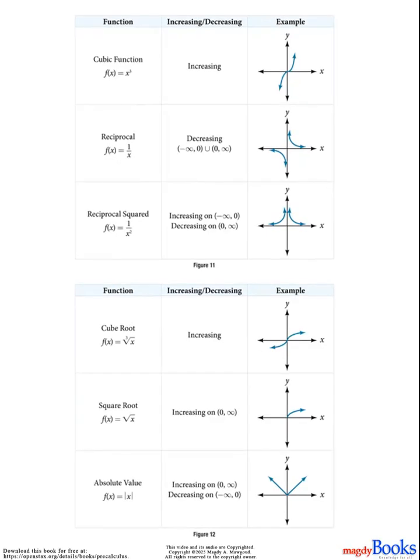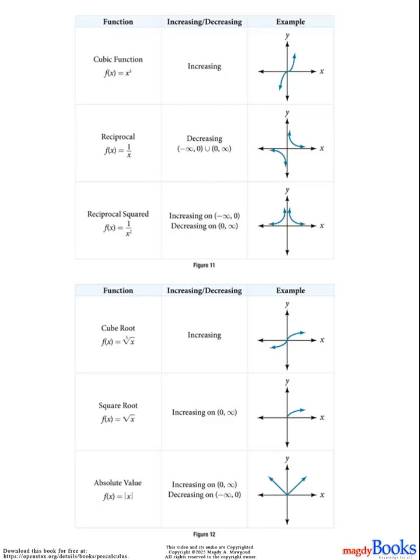Figure 11. 4. Cubic function. f of x equals x cubed. Increasing. 5. Reciprocal. f of x equals 1 over x. Decreasing on (negative infinity, 0) union (0, infinity). 6.